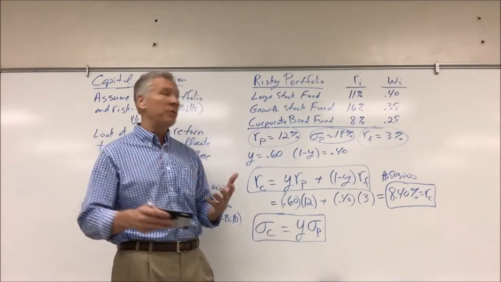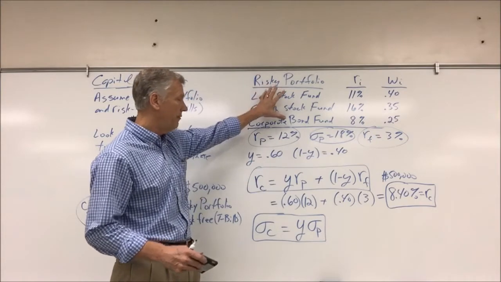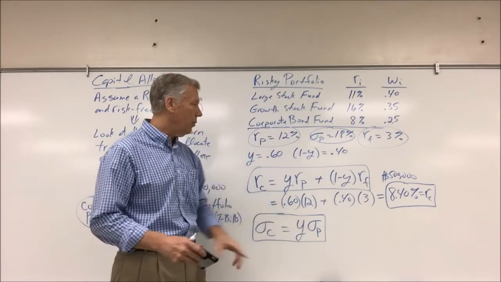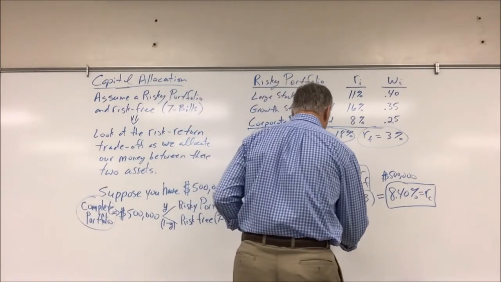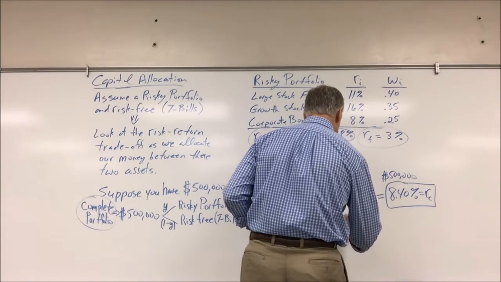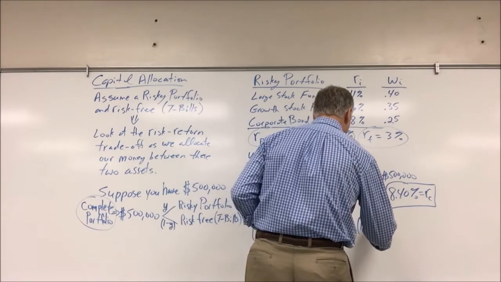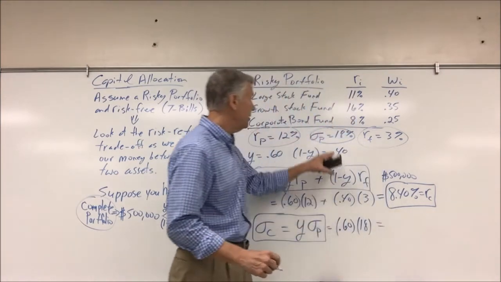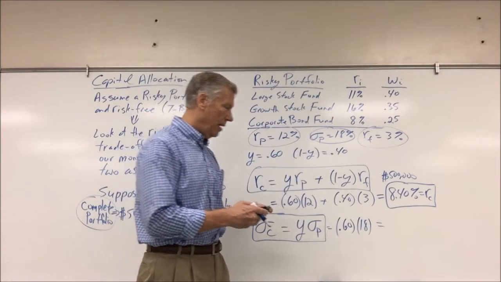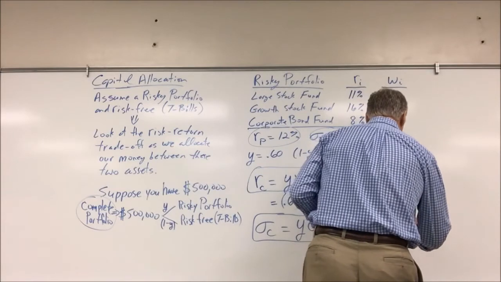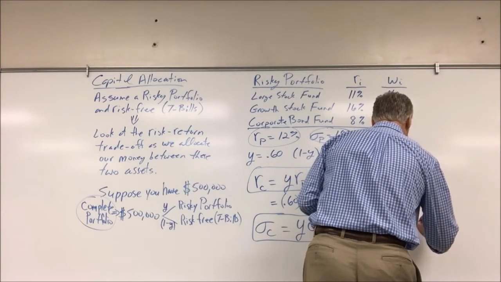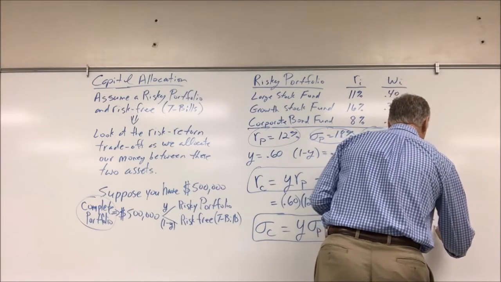If I'd only put 30% of my money into the risky portfolio, of course this would only have 30% of the risk. So what does this come out to be? This here will give me 0.6 times 18. 0.6 times 18 right here. So the standard deviation is 10.8% is sigma C.